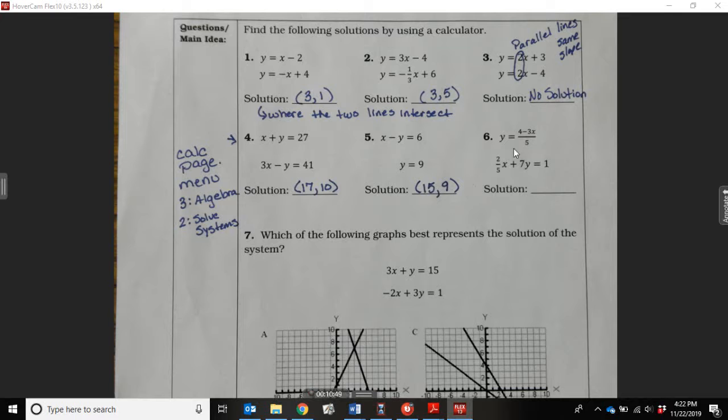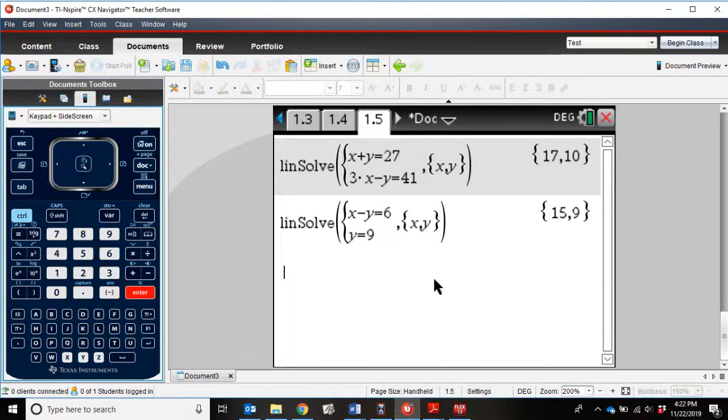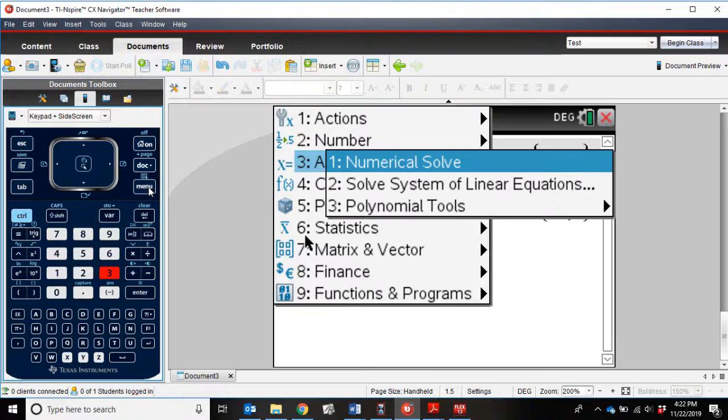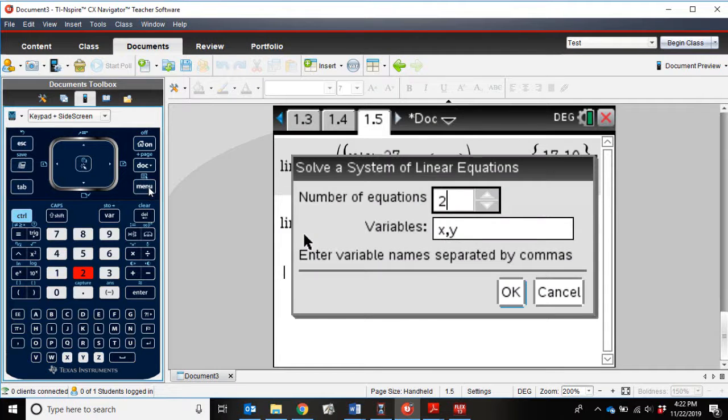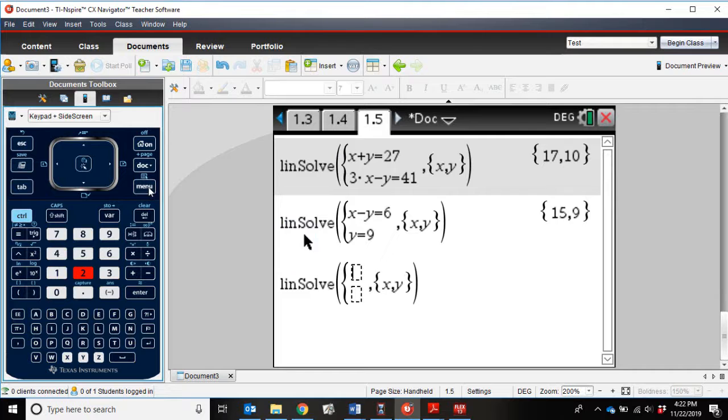And now I'm going to go do number 6. Same steps, which are Menu, 3, 2. Keep your X and Y. And remember, you type it exactly the way you see it. So Y equals, and this time I need to start out with a fraction, because on top it's 4 minus 3x, and on the bottom it's 5.